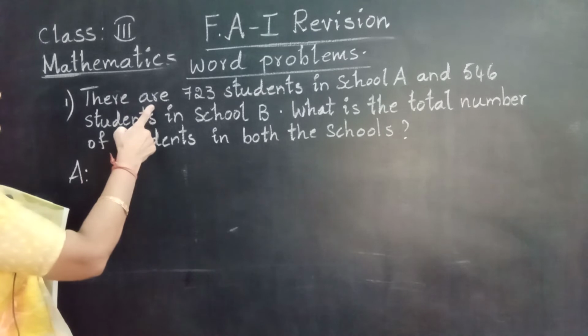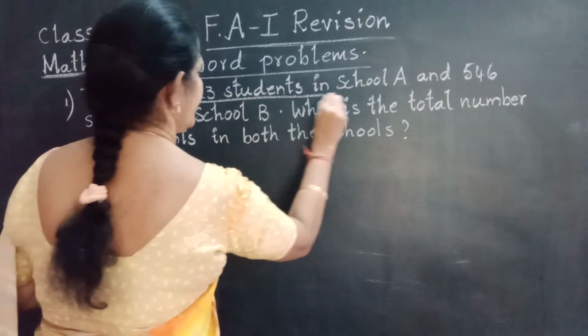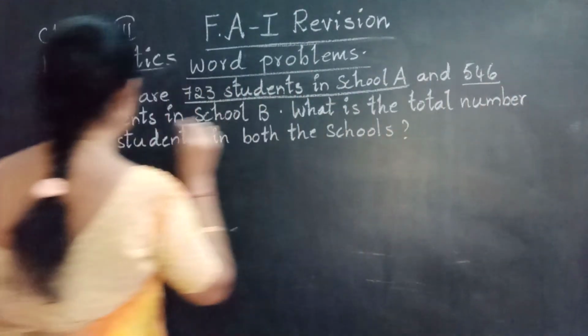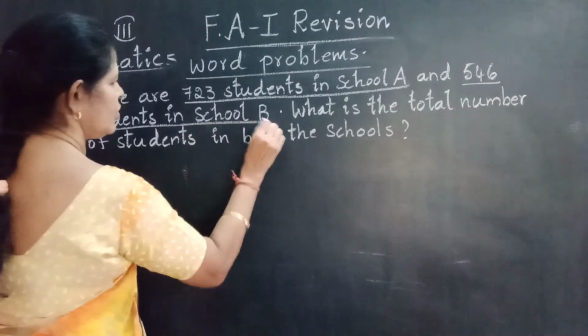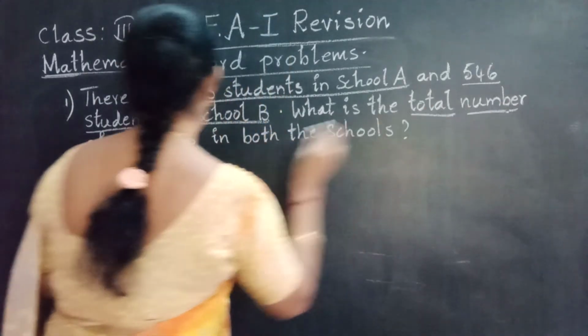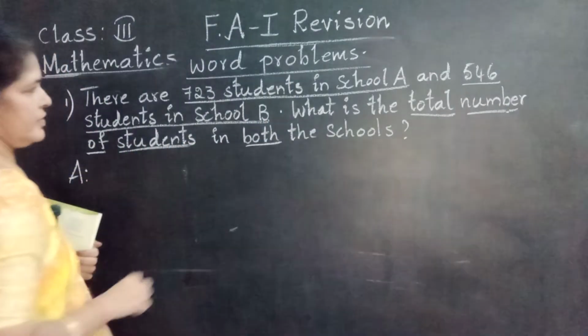There are 723 students in school A, underline, and 546 students in school B. What is the total number of students in both the schools?